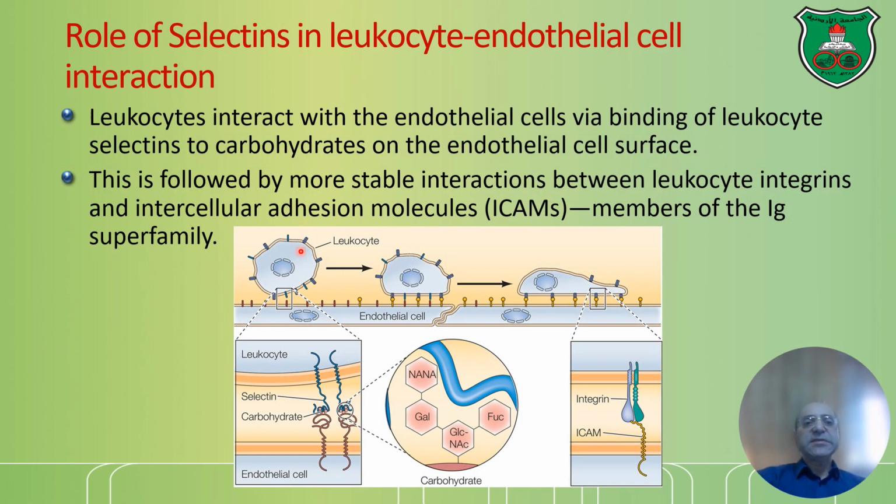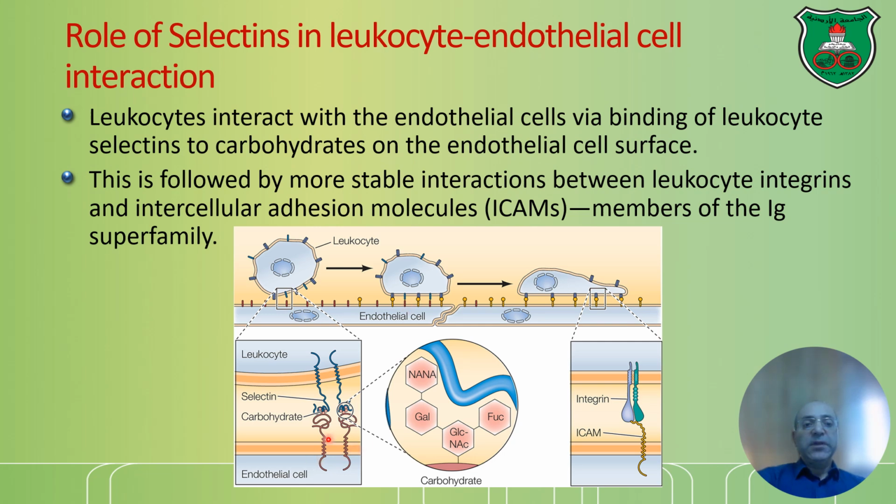So selectins exist on the surface of leukocytes, immune cells. As they are swimming in blood, they can interact with endothelial cells, which are lining up the blood vessels. Now, the surface of endothelial cells contains receptors and sugars as well.